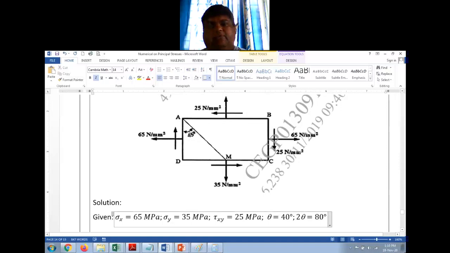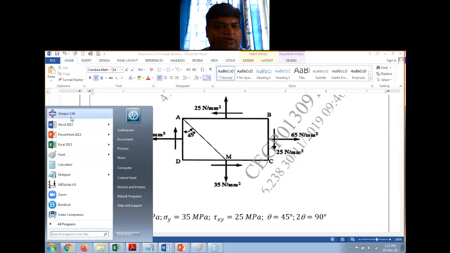Since the angle is 45, it will be the same. If this were some other angle, then this angle would be 90 minus this angle, right? So here, since this is 45, both the angles will be 45 degrees. So I'll just put it as 45, and 2 theta will be equal to 90 degrees.